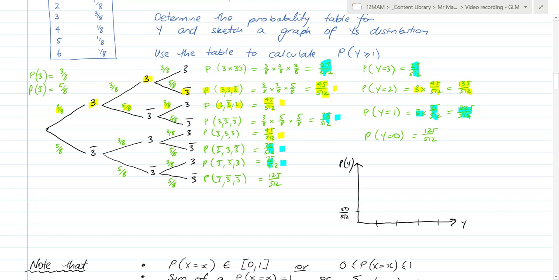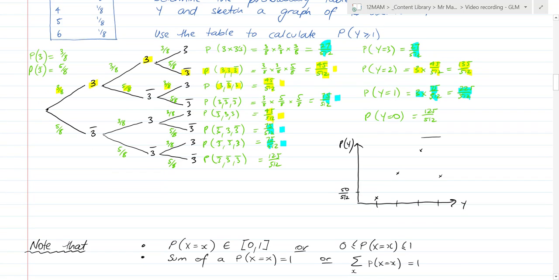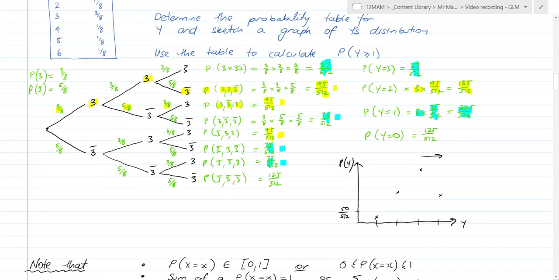So 27 is about here. 135 is about here. 225 is about here. And then 125 is about here. So you can see that we can't connect the dots, of course, but we can see that slight skew this way because we expect to get less 3's.